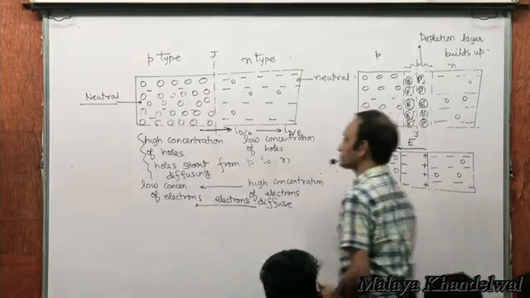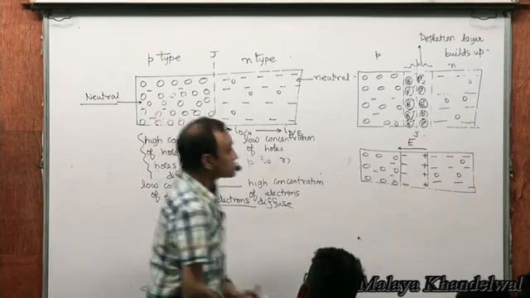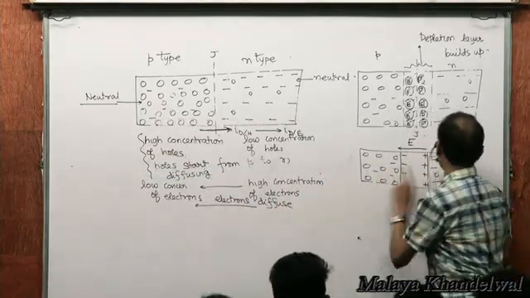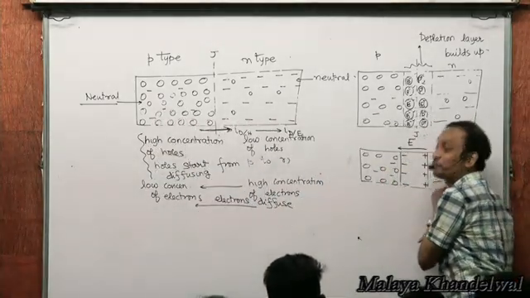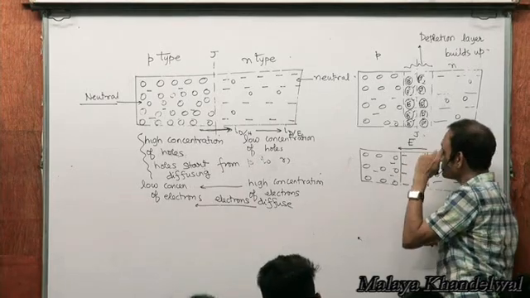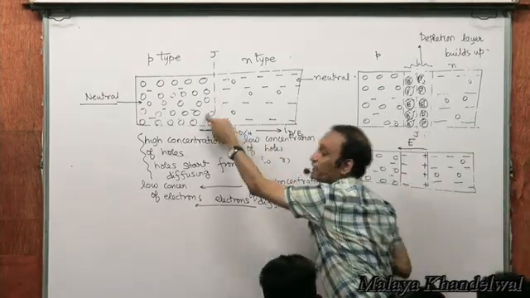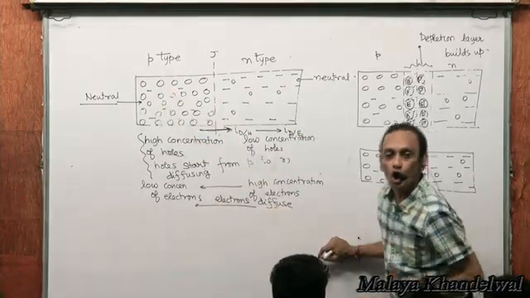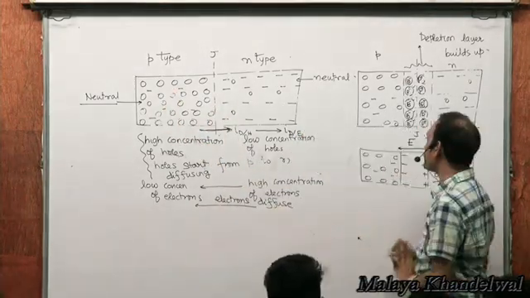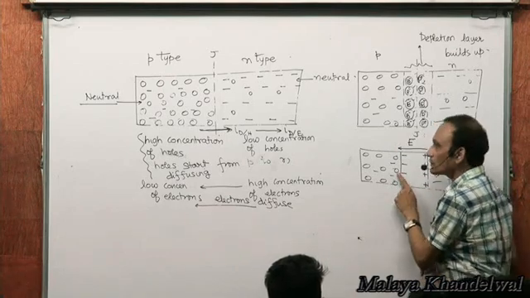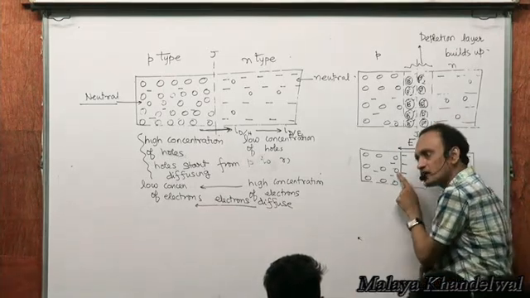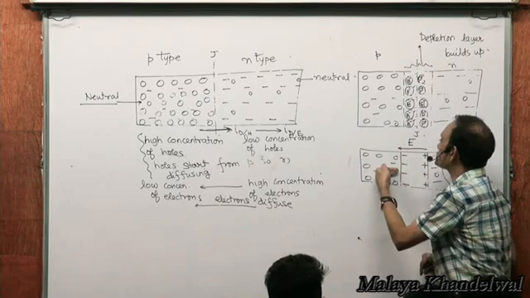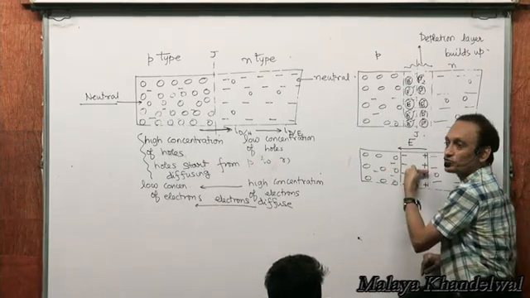Now, if there is this electric field, what does it do? These holes that were diffusing into this region, earlier they were doing it very freely because there was no opposition to that diffusion. Now, since they behave like positive charges, they would find it difficult to move against the electric field.